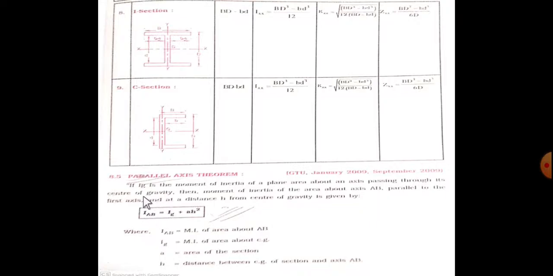If Ig is the moment of inertia of a plane area about the axis passing through the center of gravity, then the moment of inertia about axis AB parallel to the first axis, at a distance h from the center of gravity, is given by IAB is equal to Ig plus A h square.